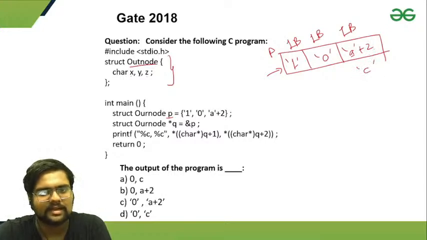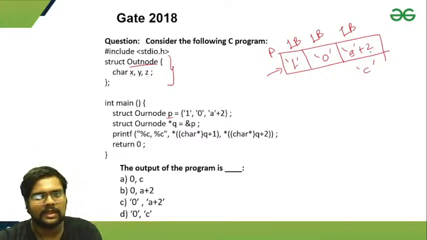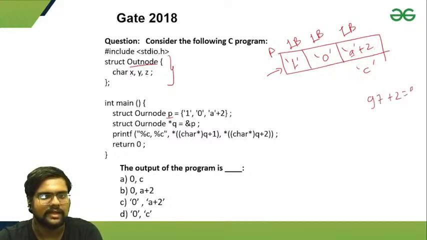When I add 2 to a, whose value is 97, 97 plus 2 will be 99. When this 99 gets assigned to this character z, it will become character c. So here c will be present. Let me write it here: it will be c.